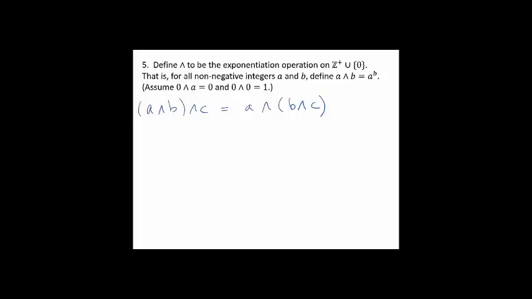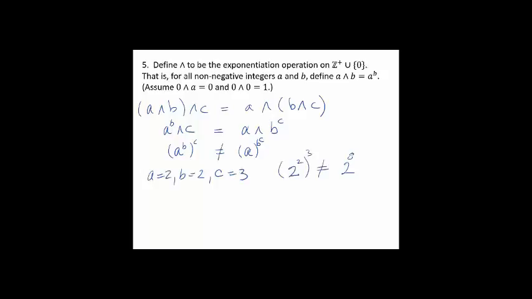Well, A caret B here, we know that's A to the B caret C, and this is A caret B to the C. So on the left would be A to the B raised to the C power, and on the right, we would have A raised to the B to the C power. And this is not true. It's certainly not commutative, and there is no identity. So although it was a binary operation, it has none of our special properties.